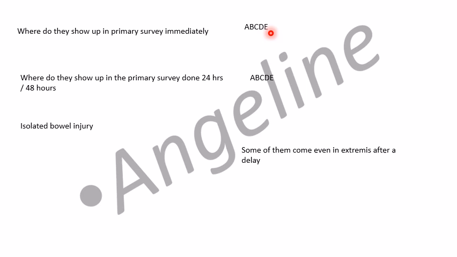That time, they might be in septic shock. So naturally, they will be in circulatory problem only, or they may even be disoriented. In isolated bowel injury, some of them come even in extremis after a delay. Even a blunt injury, no external signs, no bowel hanging out, they may come in extremis because the shock and the bleeding has not been addressed adequately.